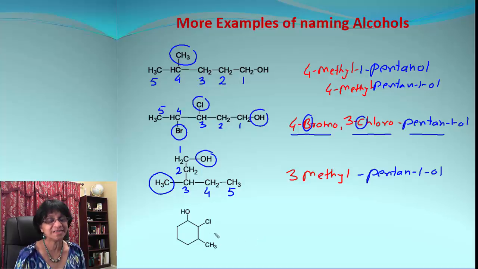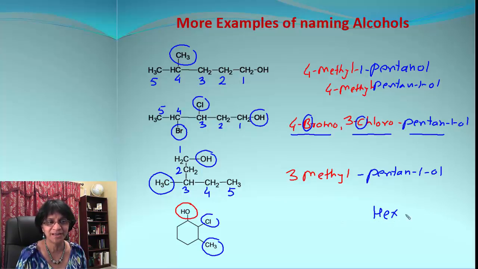Look at the next one. It's a cyclic alcohol. That's our OH group. But we also have 2 other substituents there. So let's find out first the parent name. That is a ring with 6 carbon atoms. That means it will be hexanol. And we don't need to really write down that hexan-1-ol.